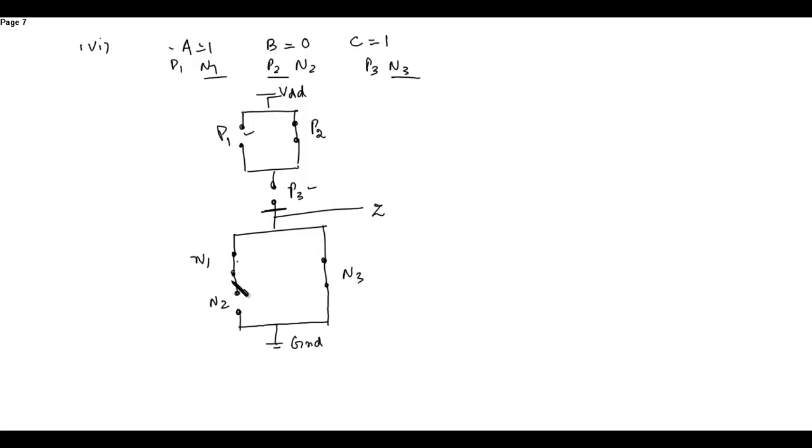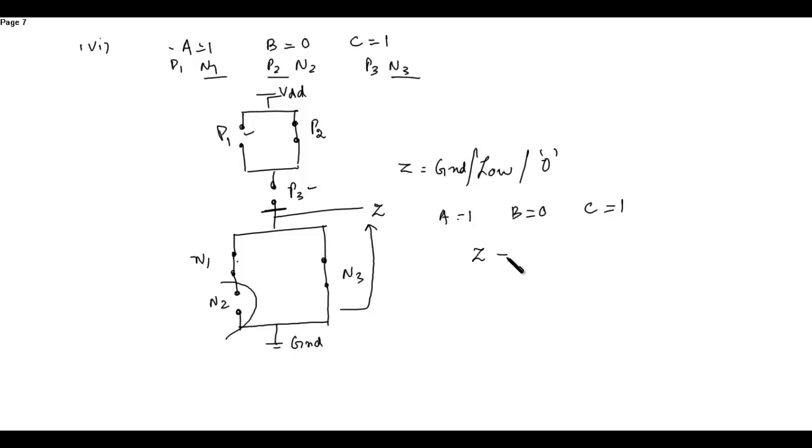Here N1 is shorted but N2 is open, N3 is short. So since N1 and N2 are in parallel with N3, so this short circuit will not affect. So the obtained output will be ground or low voltage or 0. So when A is equal to 1, B is equal to 0, C is equal to 1, output is equal to 0.